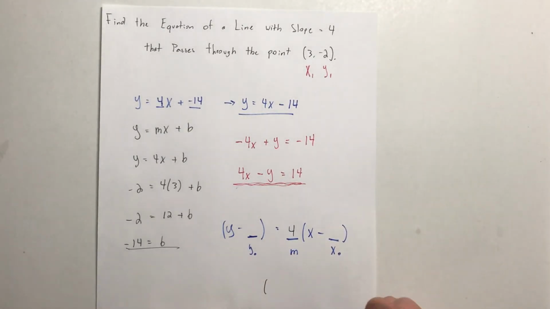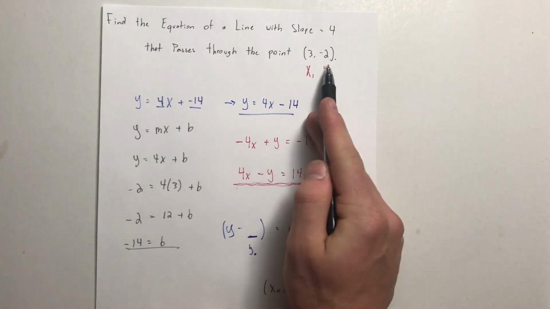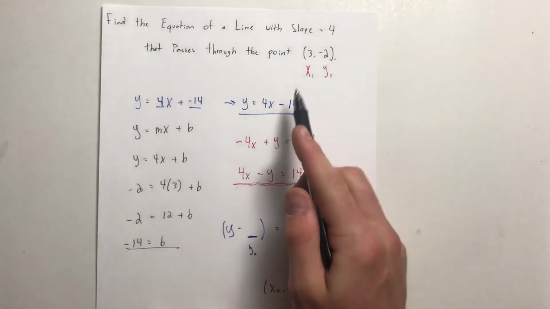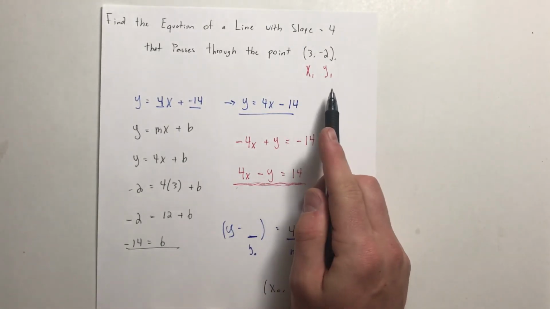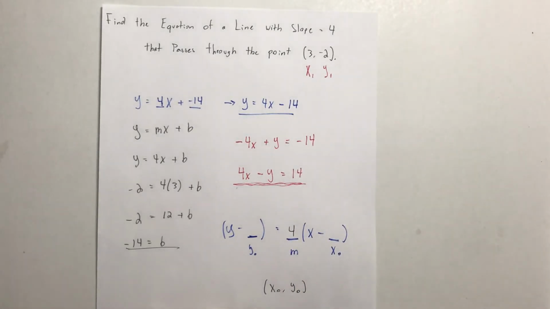So y naught and x naught is just going to be an ordered pair that is on that line. And we're trying to describe a line that passes through the point 3, negative 2. So our x1 and y1 would be very good candidates for our x naught and y naught.